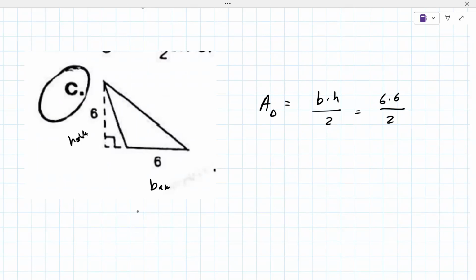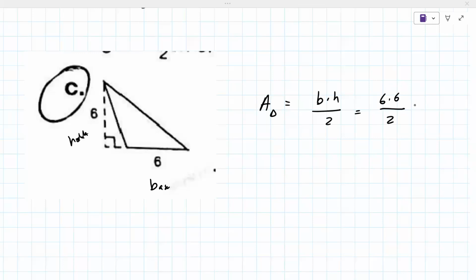Could you calculate that for us, please? 18.